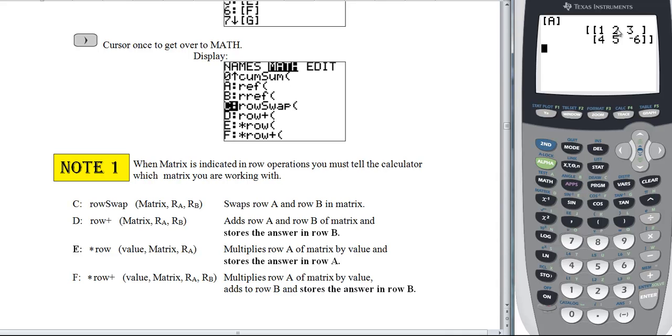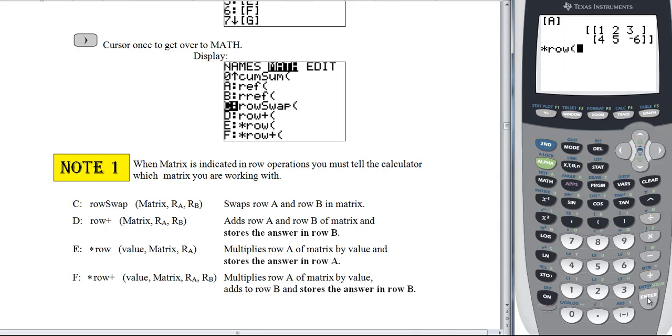If that's all I want to do, just multiply a row, I need to do E, multiply a row. So let me go get my matrix. Go over to math, and I've got to go up, and I want E. So let me cursor up, just multiply, hit enter.